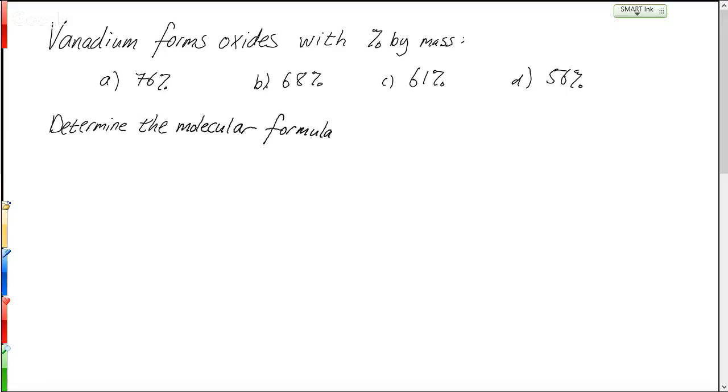Determine the molecular formulas. Or I guess it would be empirical formulas.